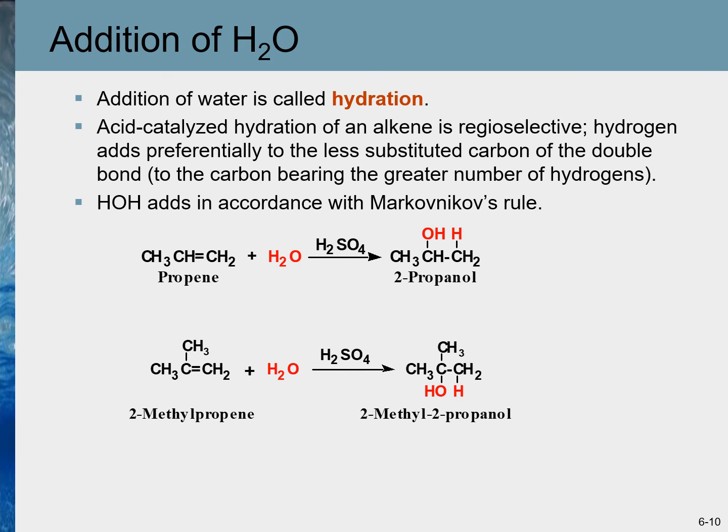Addition of water to alkene is known as hydration reaction. Water is added to alkenes as HOH, which means that hydrogen from water will add to one carbon, and OH from water will be added to the other carbon atom of the carbon-carbon double bond.